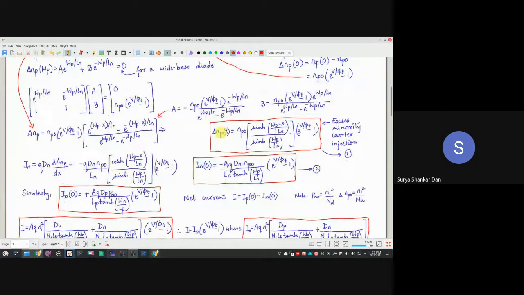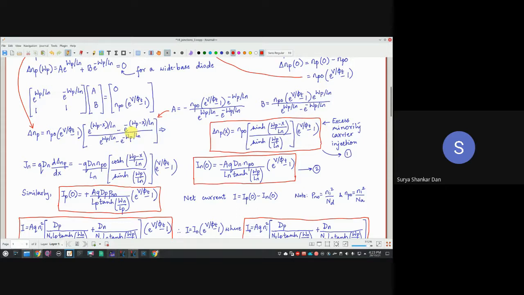Now I'll explain how this deduction is done, and I shall also explain the physical consequences of it. That's the most important part, because this physical significance is what you will require for all kinds of circuit design, especially at the lower technology nodes. So A and B is something which we have obtained here.